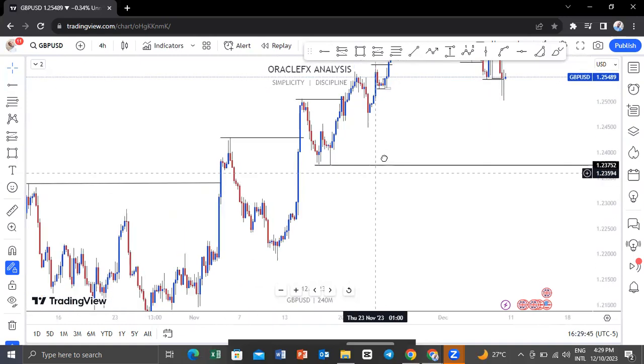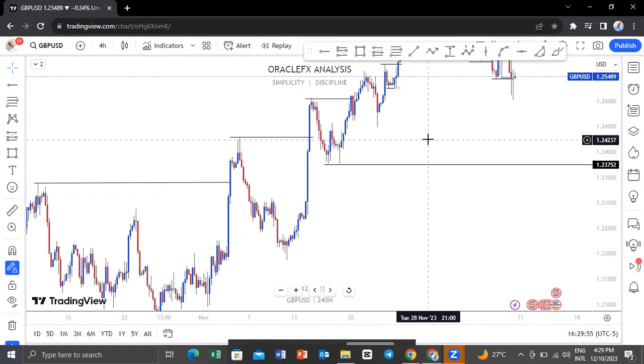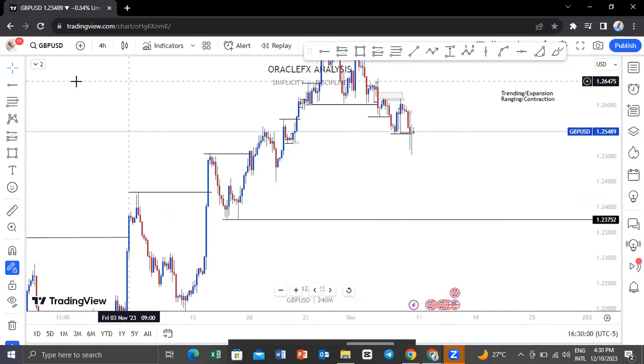So understanding this, note that this is also on your 4 hour. If you are checking your candlestick patterns on your higher time frame, it's going to really save you a lot of time and money, because candlestick patterns on higher time frames are very, very powerful.